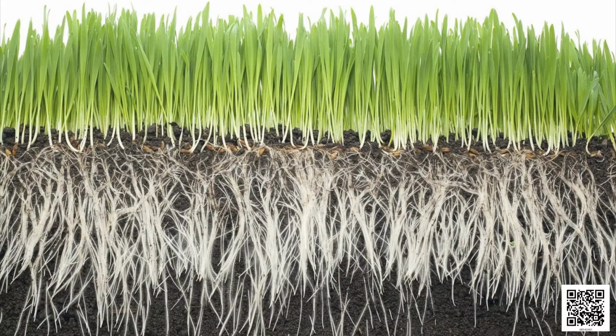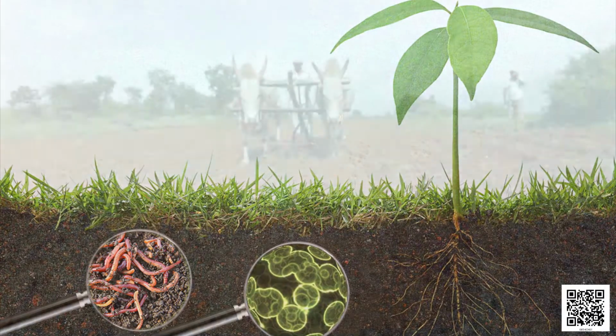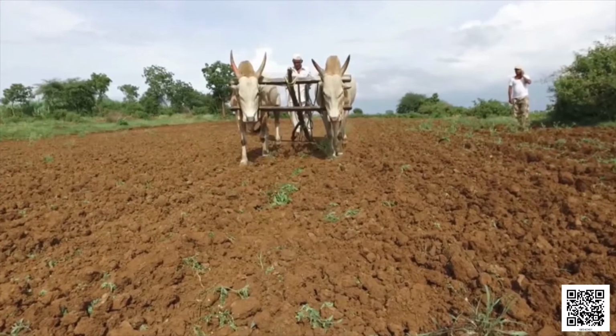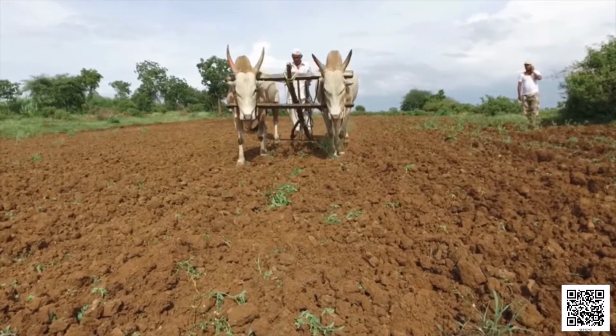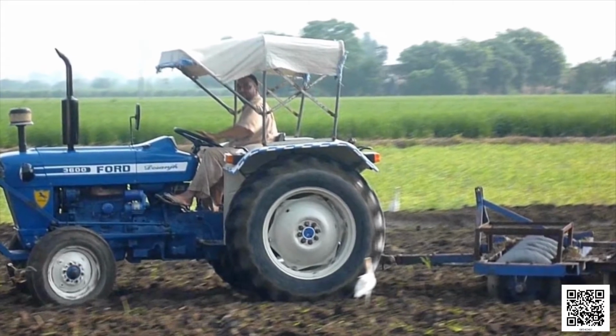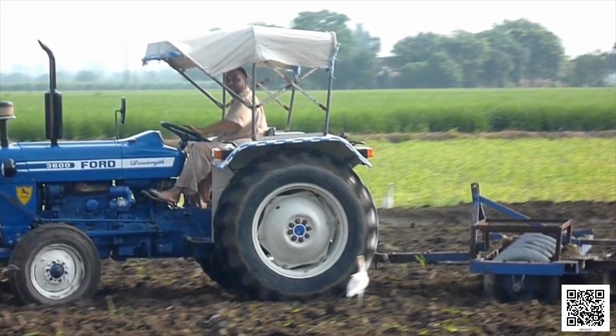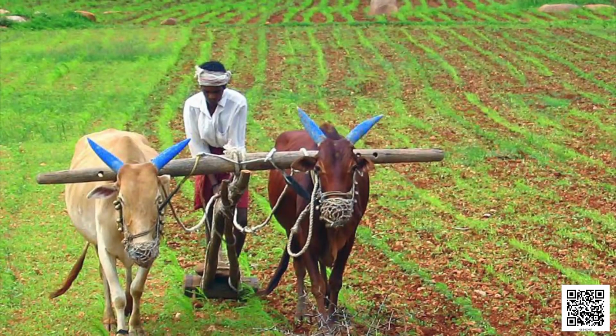The loosened soil helps in the growth of earthworms and microbes. These organisms are farmer friendly as they further turn and loosen the soil and add humus to it. Turning and loosening of soil brings nutrient-rich soil to the top so that plants can use these nutrients.